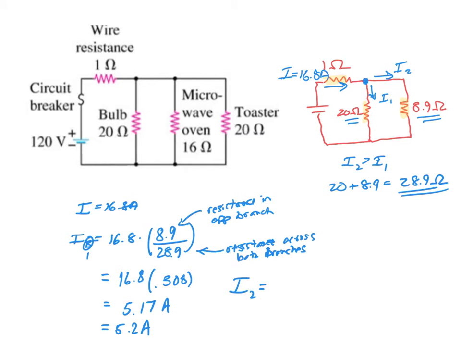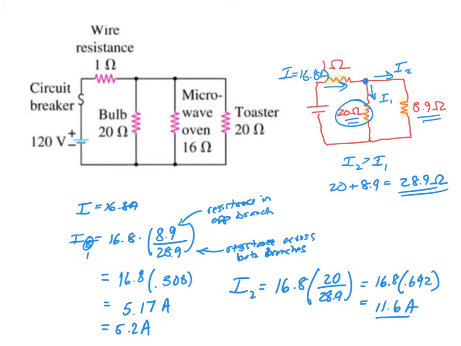I2 is that 16.8 times 20 over 28.9, because 20 is the amount of resistance in the opposite branch to the I2, and that's going to be obviously 0.692, because it's got to add up to 100%, and that is 11.6.